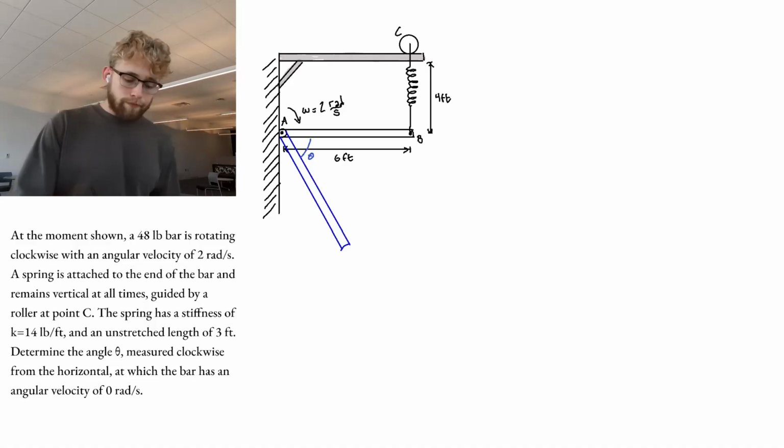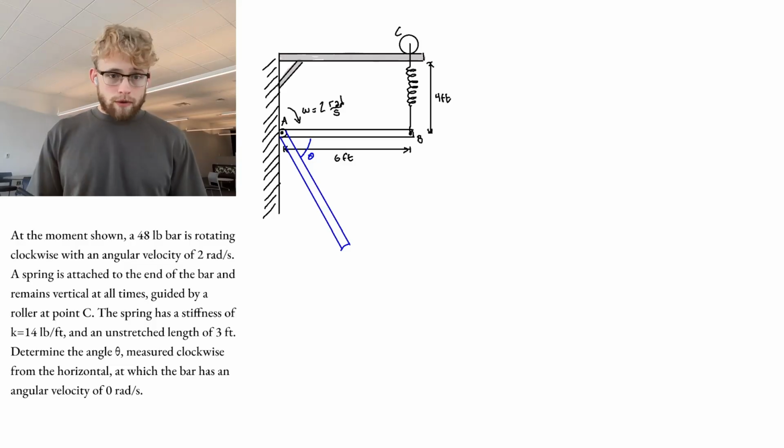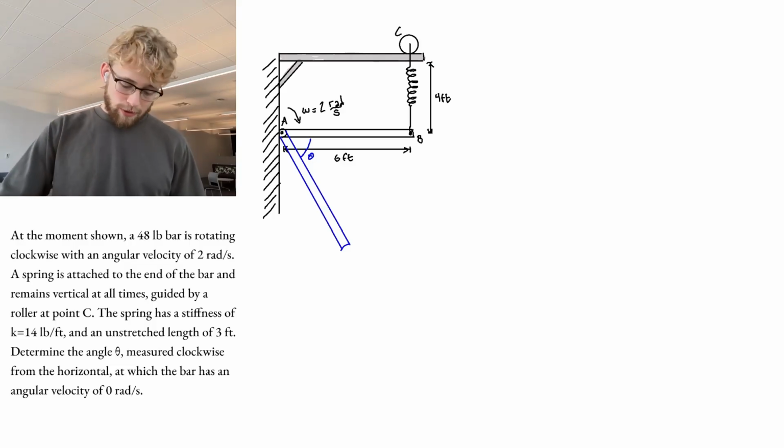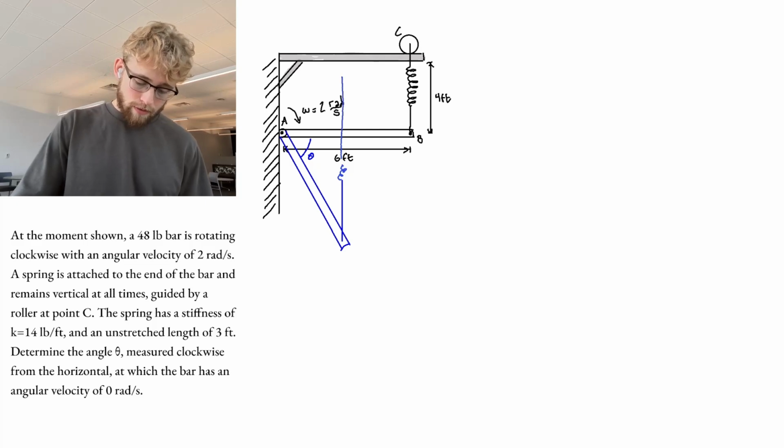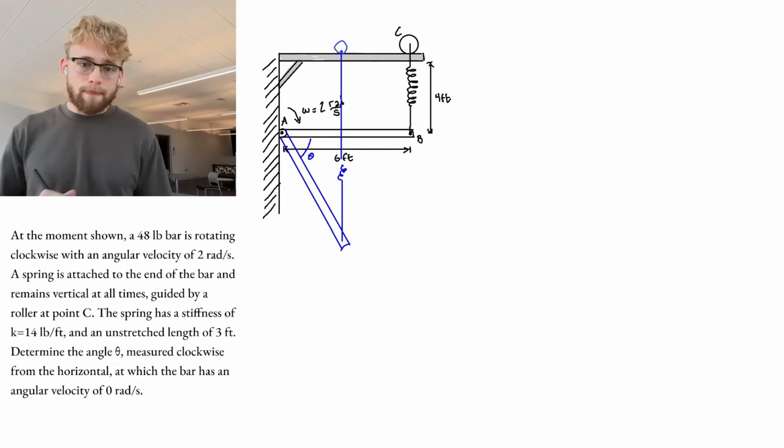All right. So at this position, we still have the spring attached, right? And that spring has gone all the way up through here to wherever it's going to be up here.